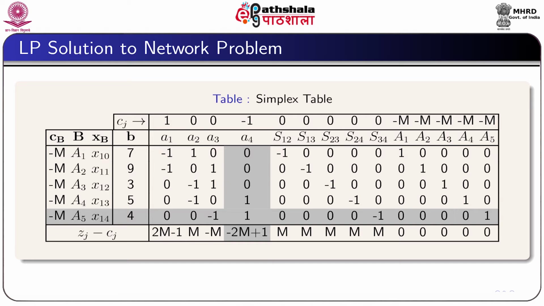And if we find the zj minus cj values, then we see that z4 minus c4 is the most negative, hence a4 will be the entering vector, and from the minimum ratio we can easily determine the departing vector, which is here a5, and then we can proceed as usual for the next iteration.